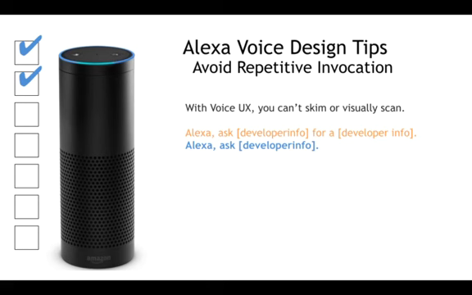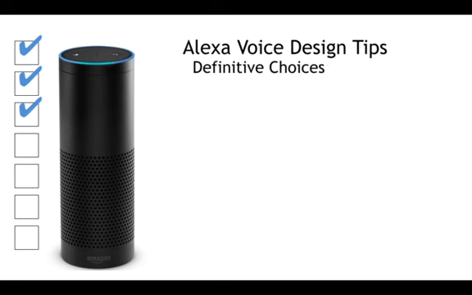If we had a skill called developer info, we could just have the user say, "Alexa, ask developer info," and then we could ask some follow-up questions if we needed more information, but just let the user engage with it in an easy way, and not have them repeating the same thing.